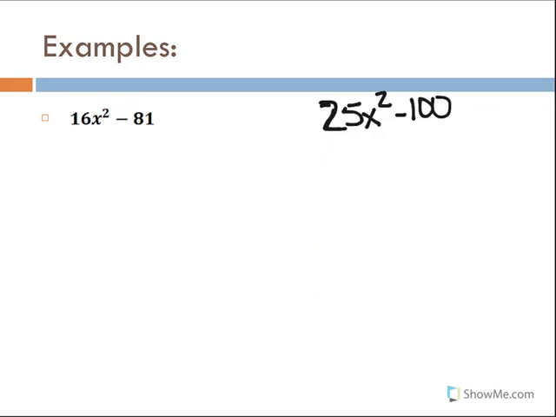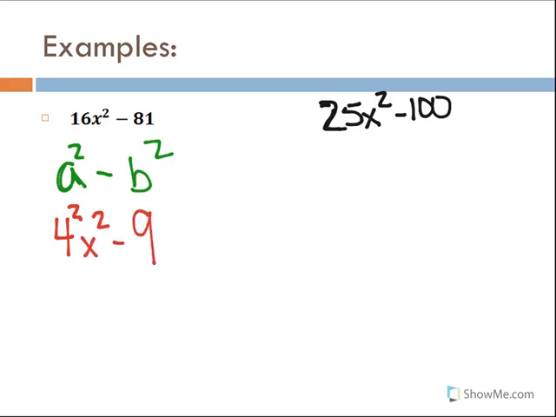Okay, let's look at just a couple more examples. Here again we're going to do this the same way. I want to rewrite this as everything in my first term squared minus everything in my second term squared. We can recognize that 16 is the same as 4 squared, and 81 is 9 squared. So now my back term looks exactly like it should, but my front term needs a little bit of work.